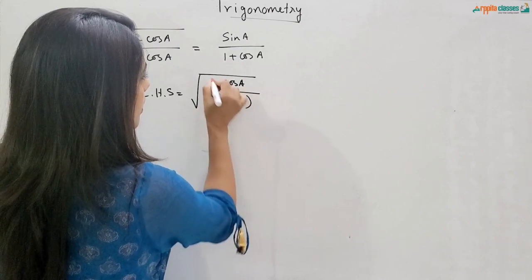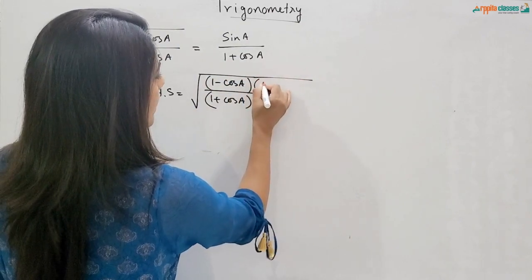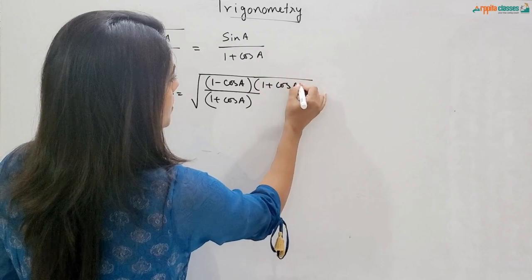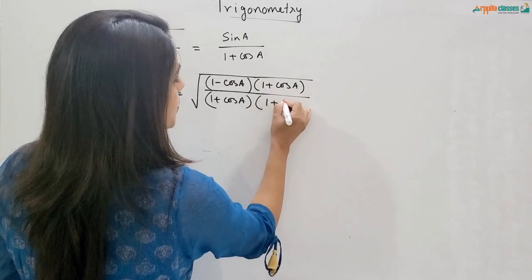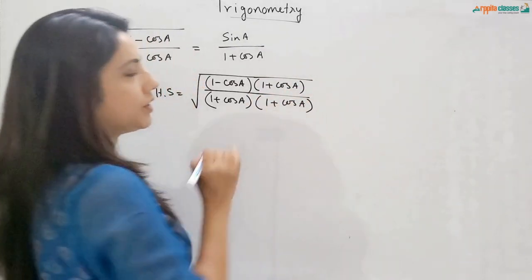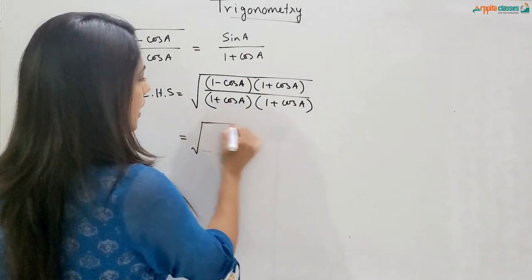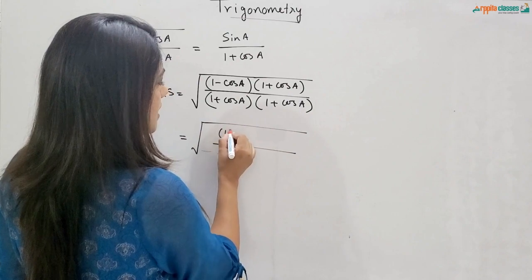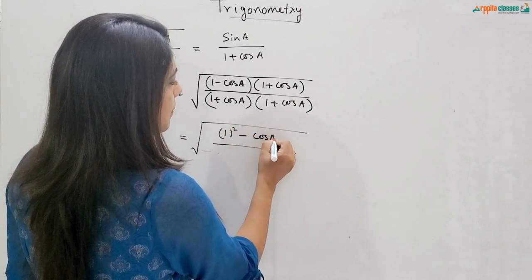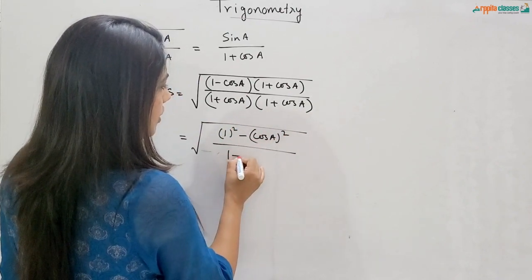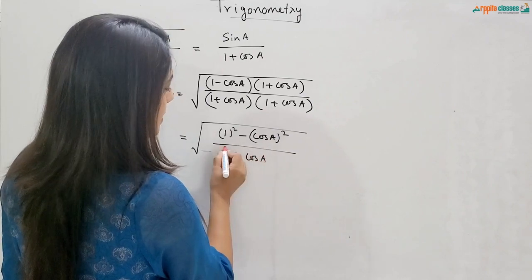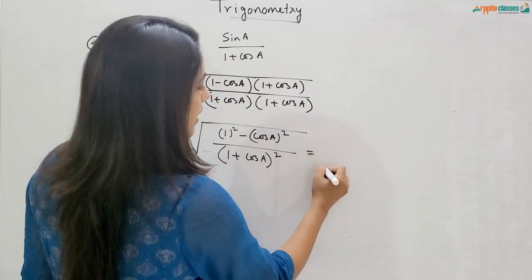So now what we'll do is we'll multiply the numerator by the conjugate of 1 minus cos A, which is 1 plus cos A. So we are multiplying the numerator and denominator by 1 plus cos A. So now we have in the numerator A square minus B square, and at the denominator I have A plus B the whole square.